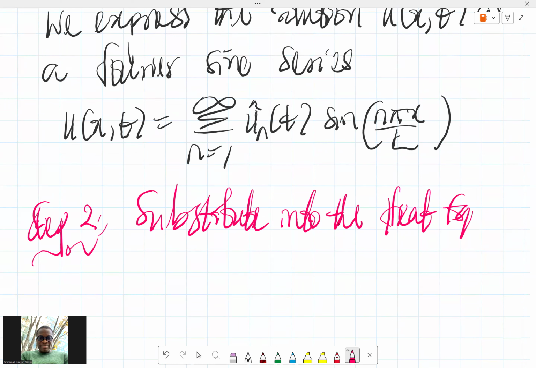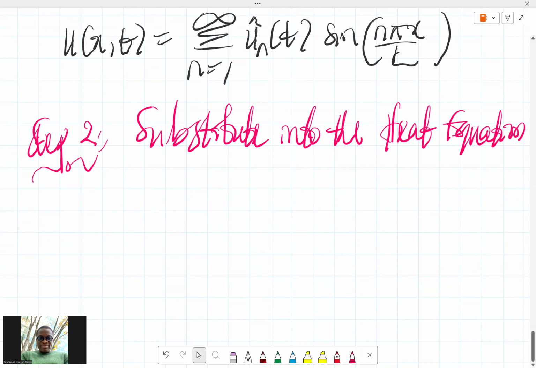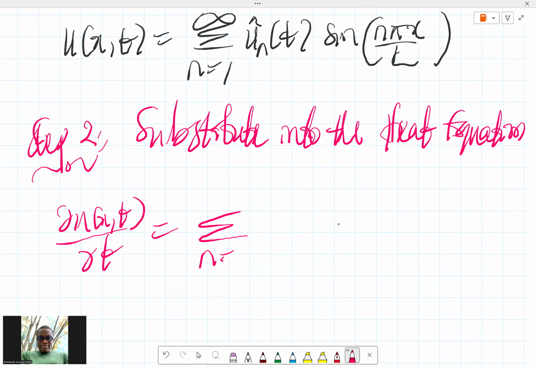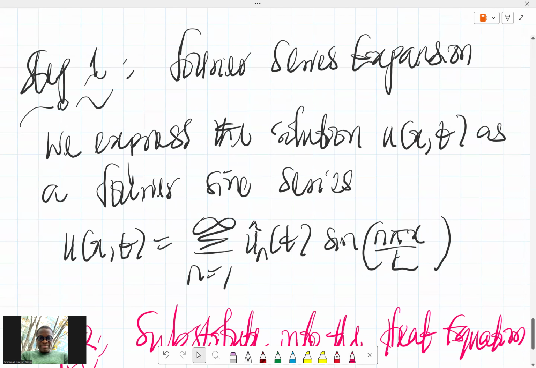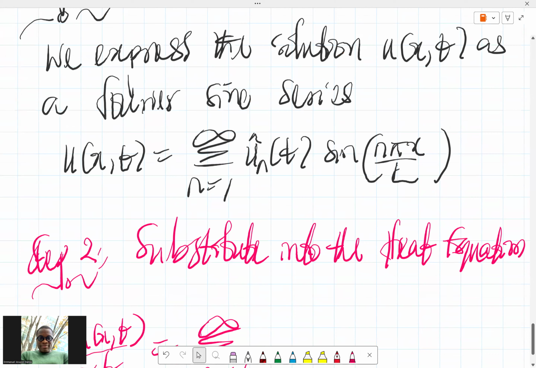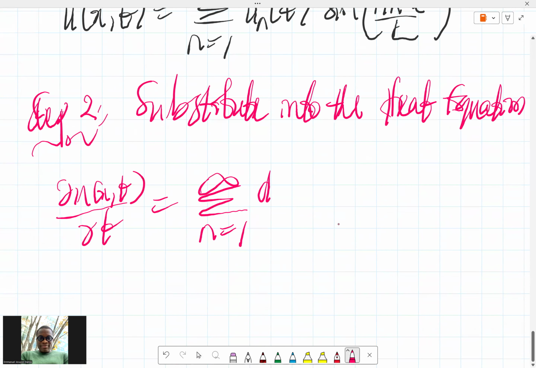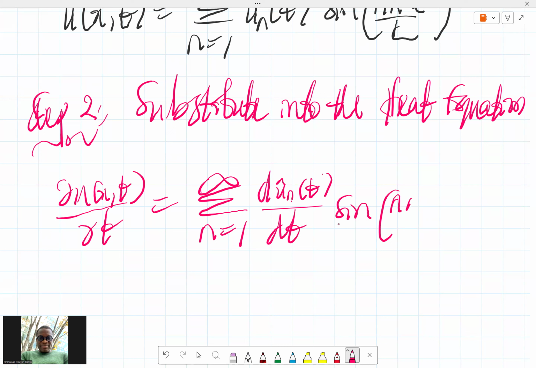To do that, we know the partial of u(x,t) with respect to t is the summation from n equals 1 to infinity of, by this definition, put into that expression up there, du_n(t)/dt sine(n pi x / L). So we substitute that way.